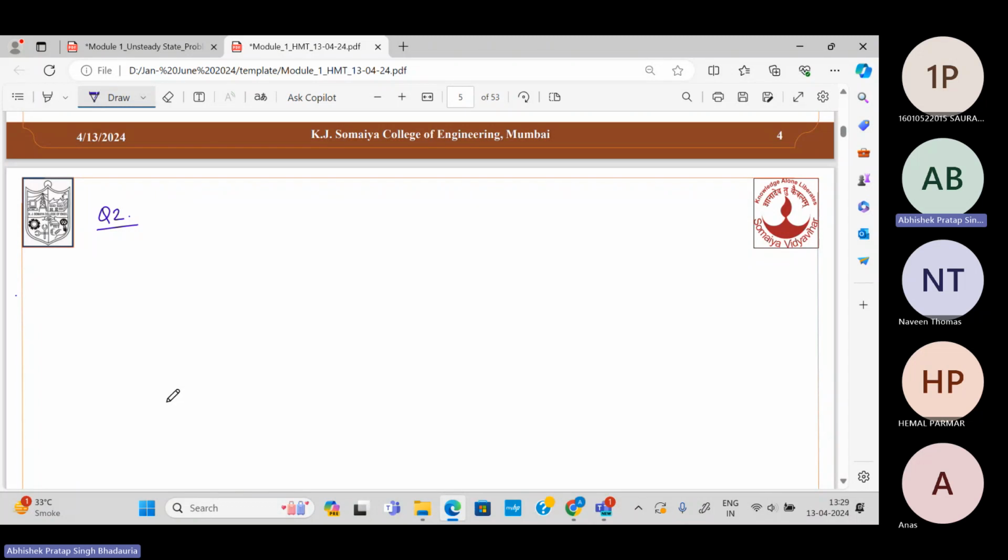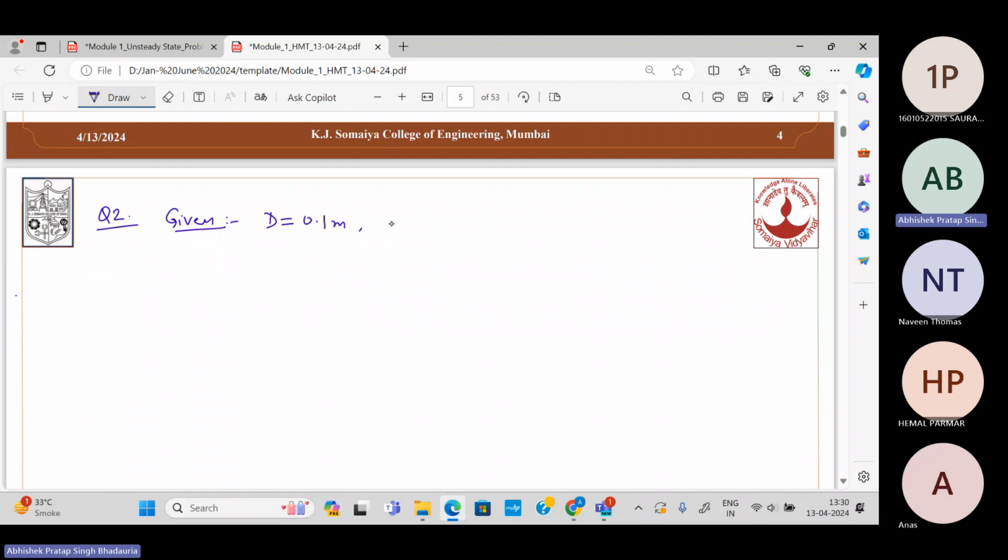So write down what is given in the problem. Let's see what is given in the problem. First of all, just see this, the copper sphere is having diameter 10 centimeter. 10 centimeter means 0.1 meter.